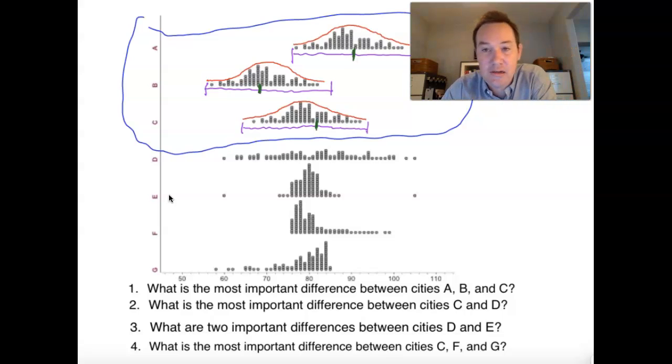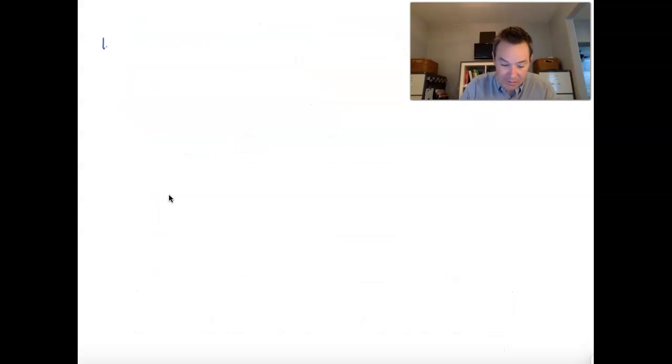So when we look at the center of a distribution, what we're really looking at is a typical temperature for that city. So they all have roughly different typical temperatures. So for number one, I'm going to say the main key difference is where they are centered.